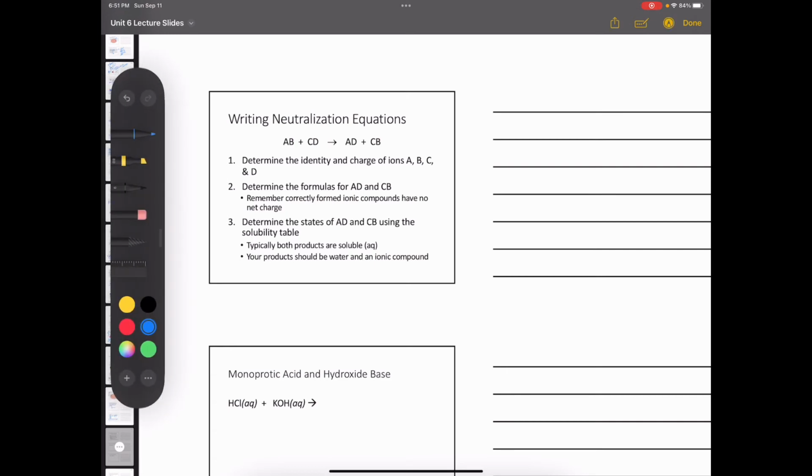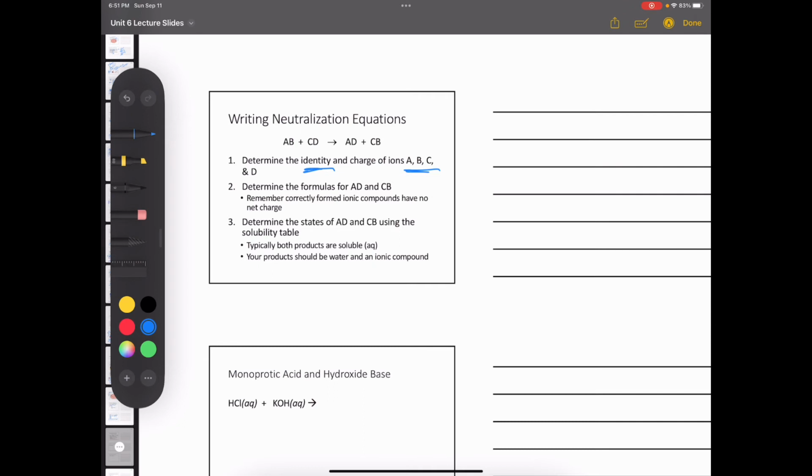First, you'll have to determine the identity as well as the charge of the ions A, B, and C. How do I determine the charge of these cations and anions? First, the periodic table is a good resource. Second, you can always look at the molecular structure of the compound, and you can figure out the charges of the cations and anions through the examples that we did before.